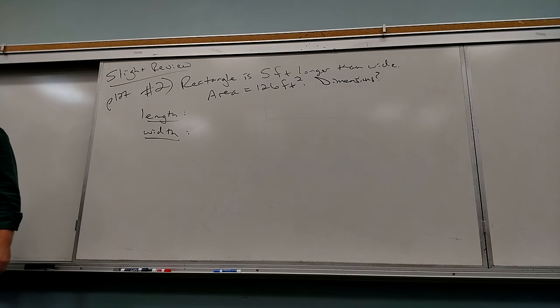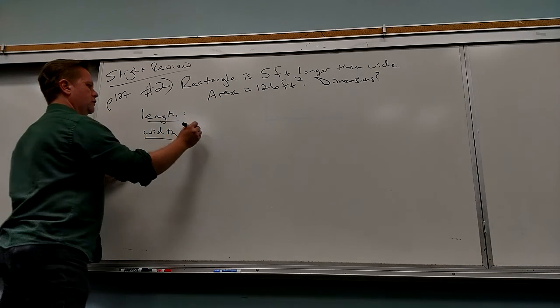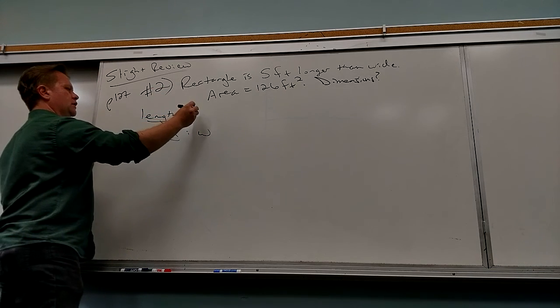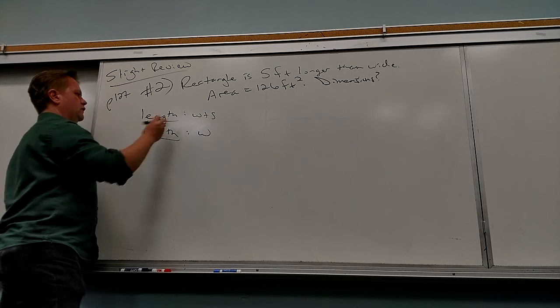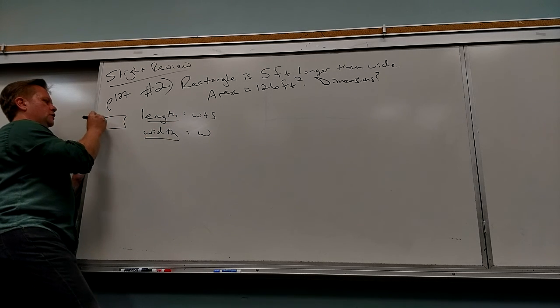I like it. So hopefully at this point you can identify what's just going to be W or X. In this case, I agree, you can call it W. Then the length is going to be W plus 5. I draw myself a little tiny picture.